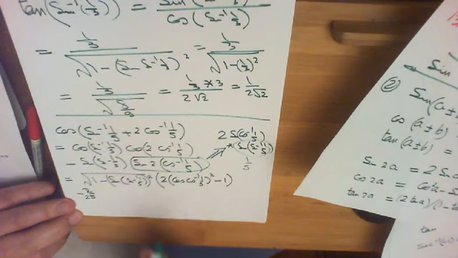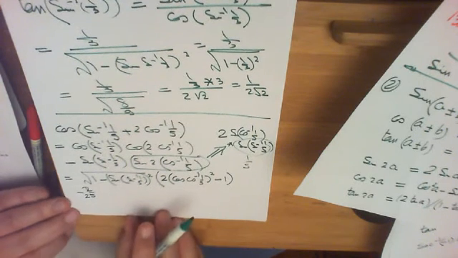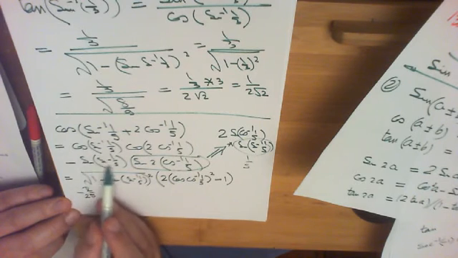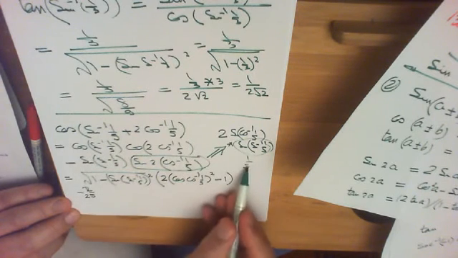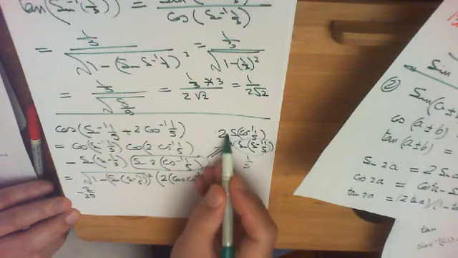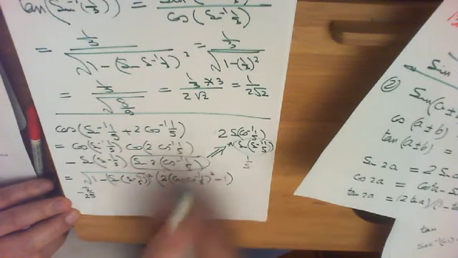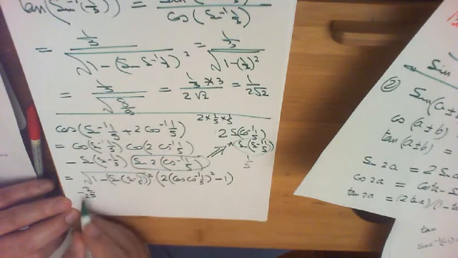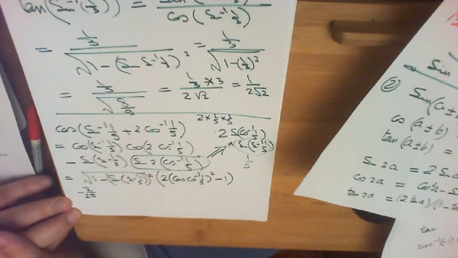Very simple. Again, as I told you, this will be 1/5, and this will be 1/5. And this 2, and this gives 1/5, so we have 2 times 1/5 times 1/5, which is 2 over 25.